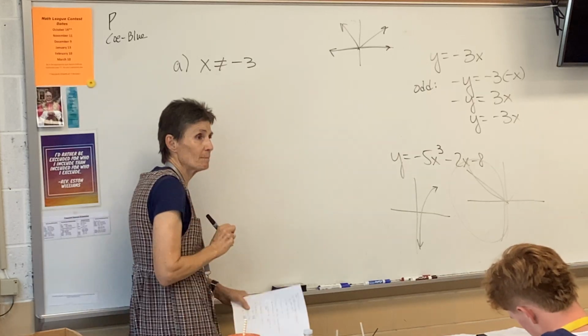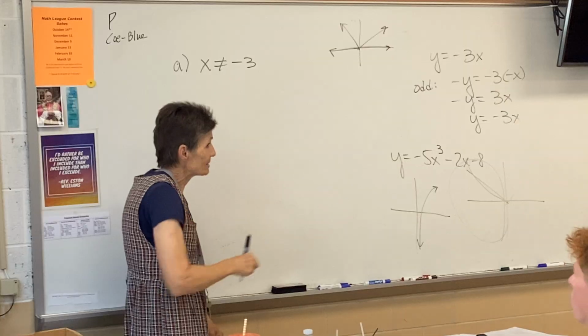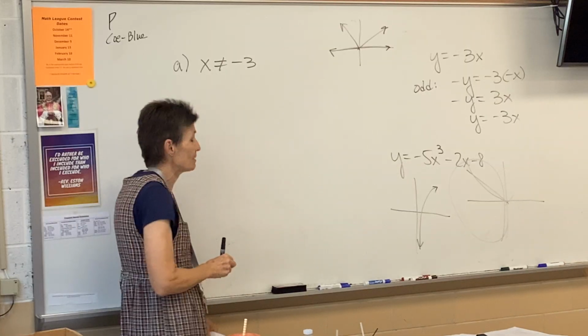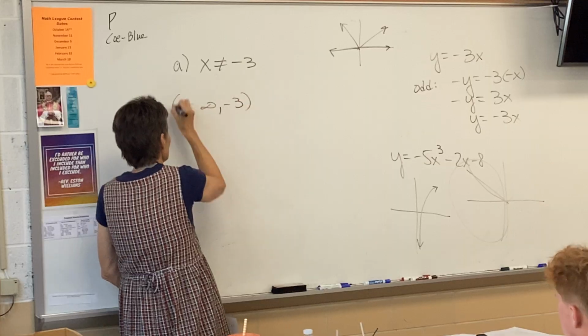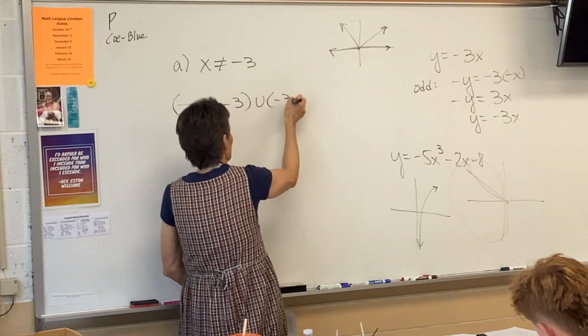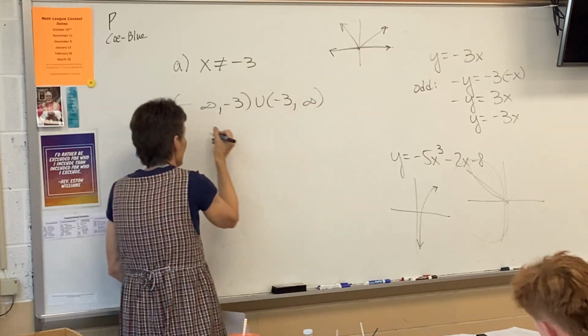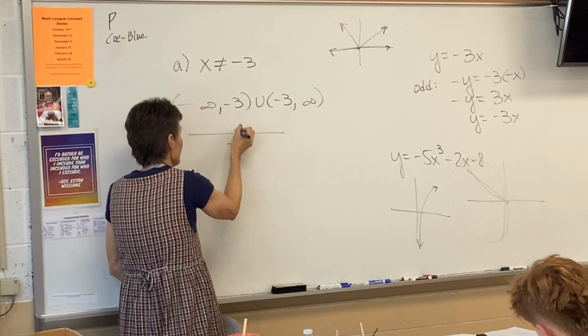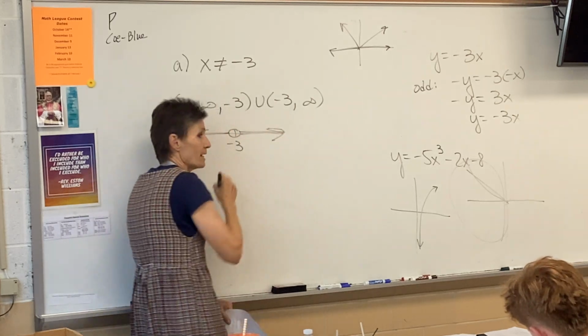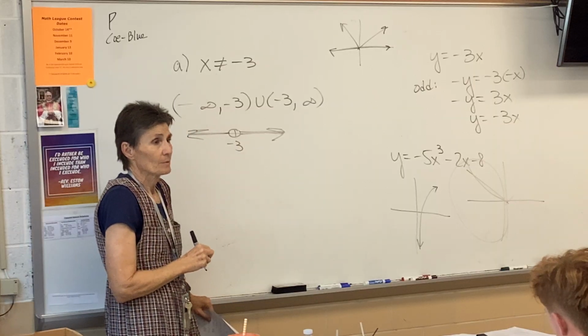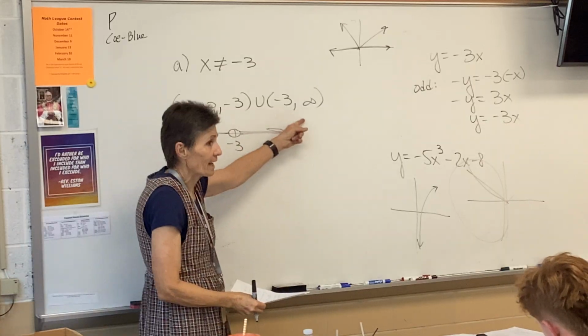Why can x not be negative 3? Because then it would be a 0 on the bottom. You can't have a 0 on the bottom. So your domain is negative infinity to negative 3 and negative 3 to positive infinity. Think about what that looks like on the number line. It's the whole number line except for negative 3, right? So that's why it looks like that. That's your domain.